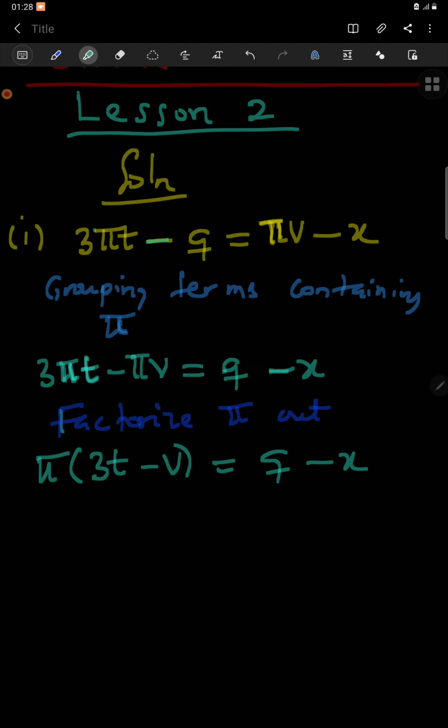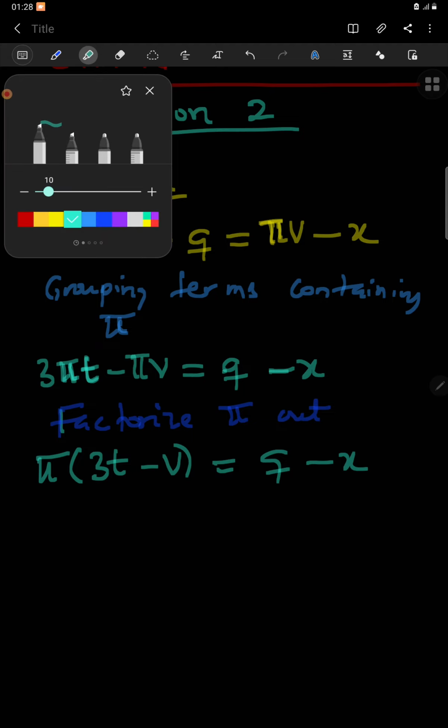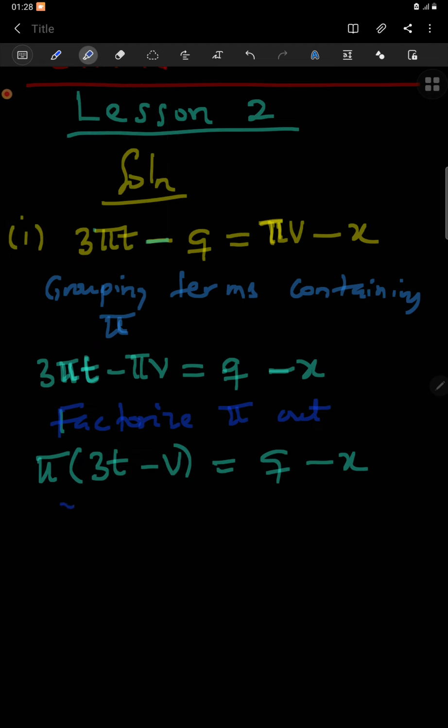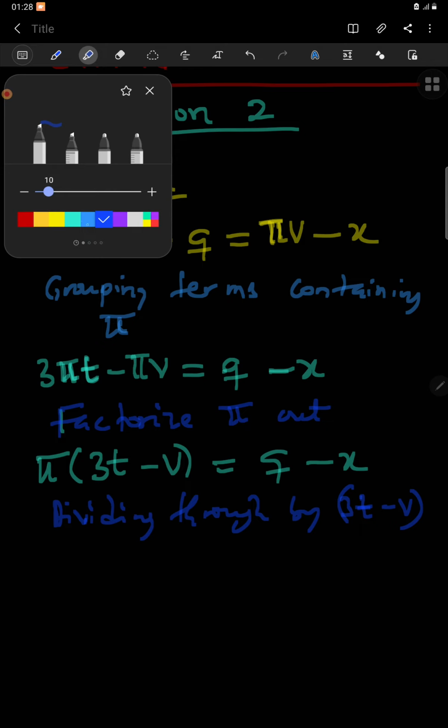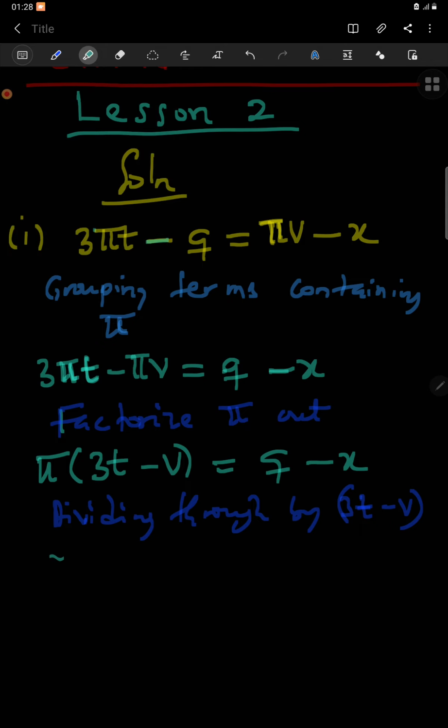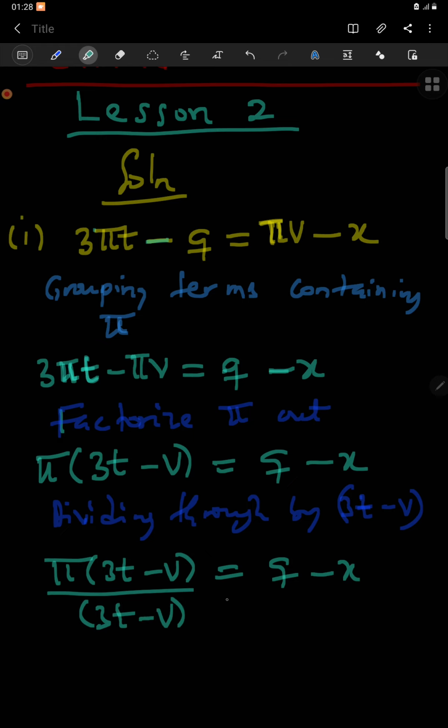So now what can we do? The third step, we need to eliminate the term multiplying it. So dividing through by 3t minus v, we divide here by 3t minus v.